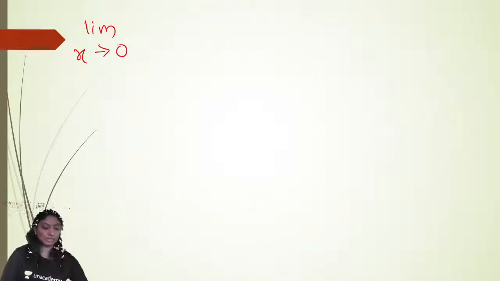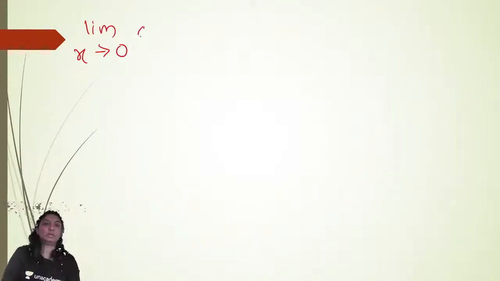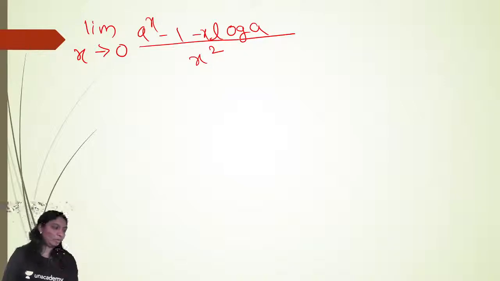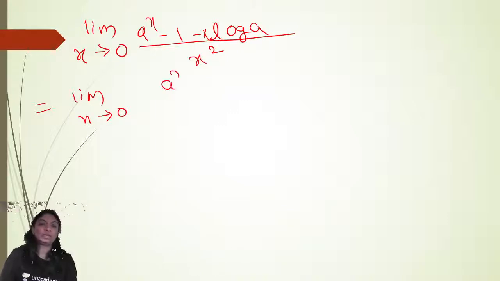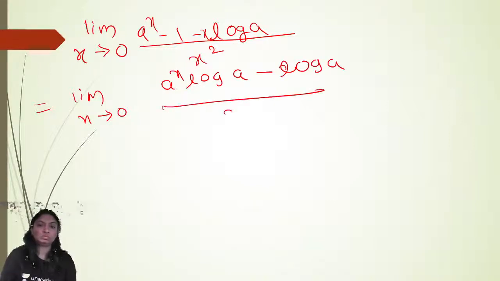Here you will get limit as x tends to 0 of a raised to x into log a minus log a, upon 2x.